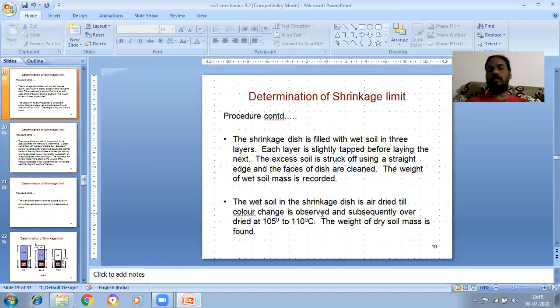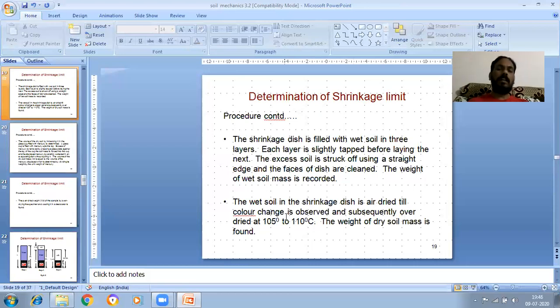Here some of the water will be evaporated, and subsequently it is oven dried at 105 to 110 degrees centigrade. Immediately we are not keeping that wet soil sample in the oven. First the wet soil in the shrinkage dish is air dried till the color change. So first we are trying to reduce the volume.